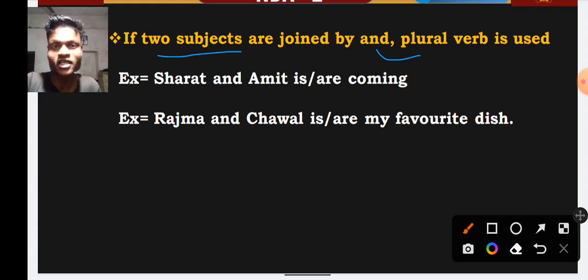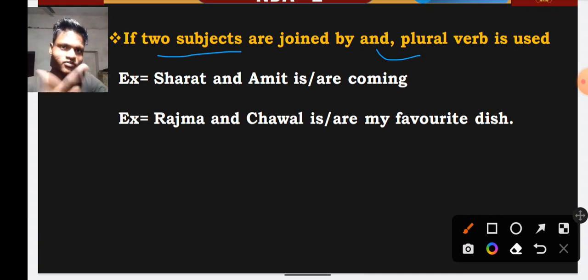What I am saying is, when two or more subjects are connected, or you can say joined, by and, it makes a plural subject.